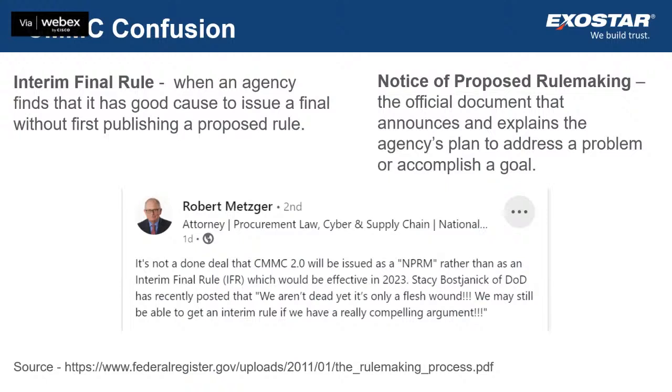This then introduces it into a period of public comment, and then the rulemakers in the Department of Defense will respond to those public comments, address them, and then it would go into that interim final rule. So that's why we're in this confused, well, not necessarily confused state, but we still don't really have a clear idea of when you'll see CMMC in full effect.